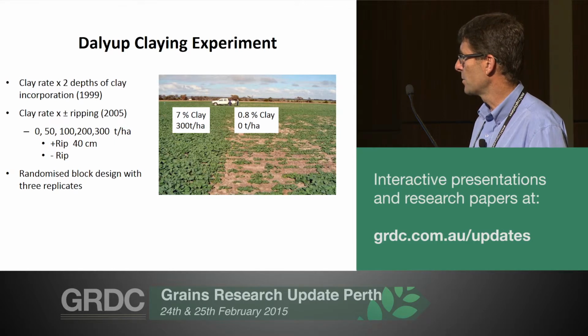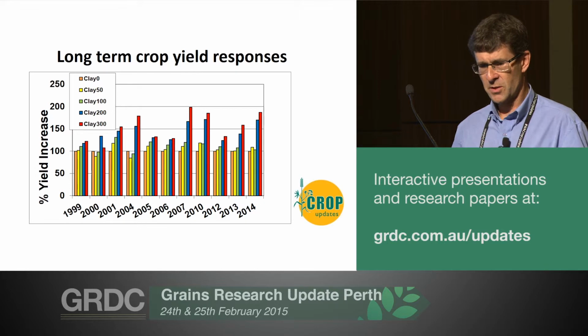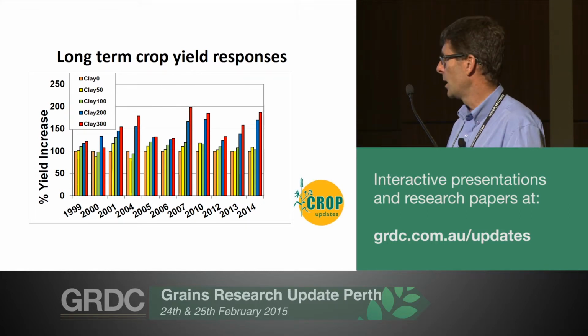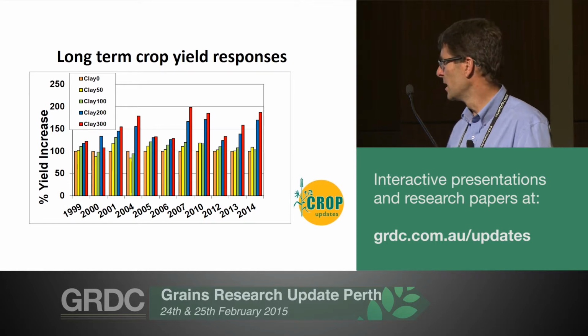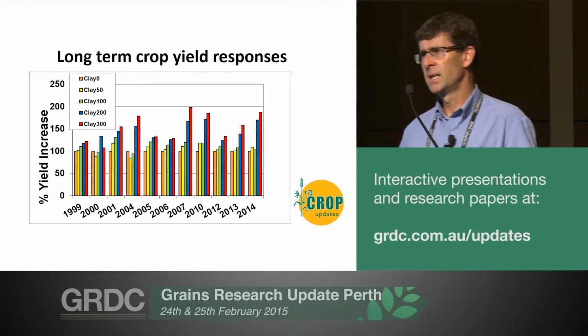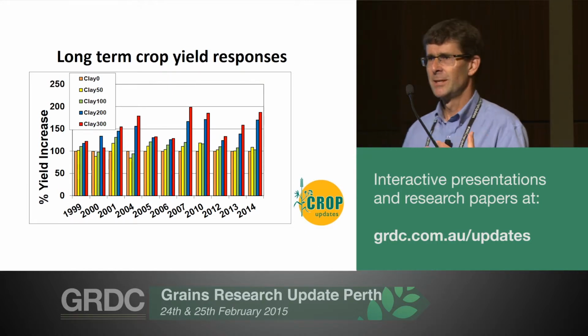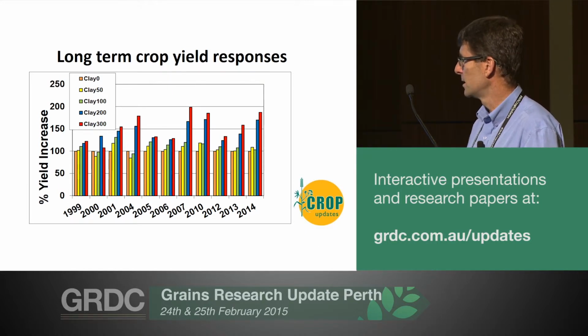The trial was set up in a randomised block with 3 reps. I just really want to go through what the long-term effects of this trial were, beginning in 1999 through to 2014. If there are any missing years, it's because there were funding gaps or it was in pasture.